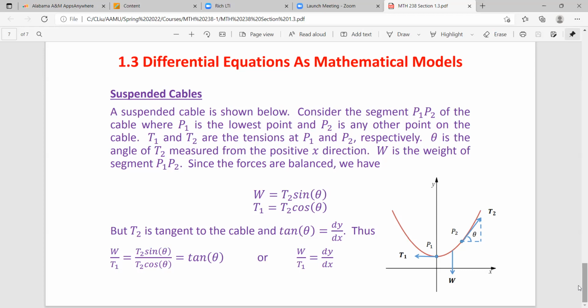Then we can rewrite these equations a little bit. If we divide the two equations above, W over T1 equals T2 sine theta over T2 cosine theta on the right side. T2 cancels, and sine theta over cosine theta is tangent theta. But tangent theta is dy over dx, as we just mentioned. So the whole thing becomes W over T1 equals dy over dx.